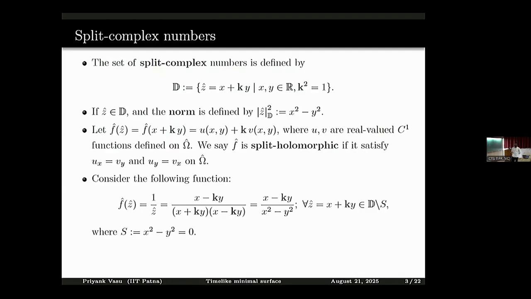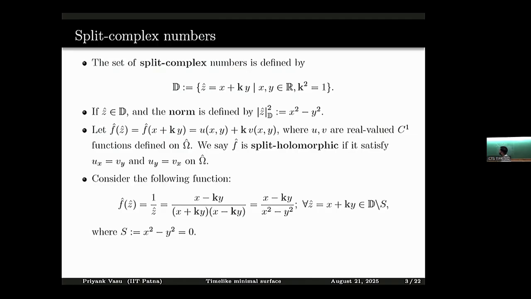A split complex function like 1 by z can be written like this, and we can see it is not defined on the lines, if this is our split complex plane, x equal to y and x equal to minus y. In the complex plane, whenever we talk about a pole, we are talking about a single removable point.